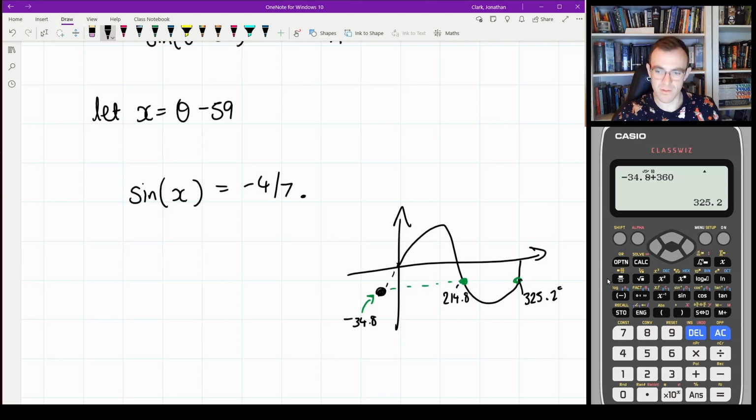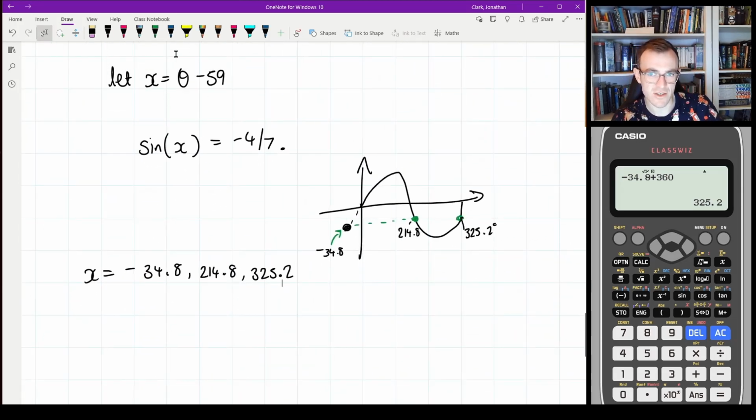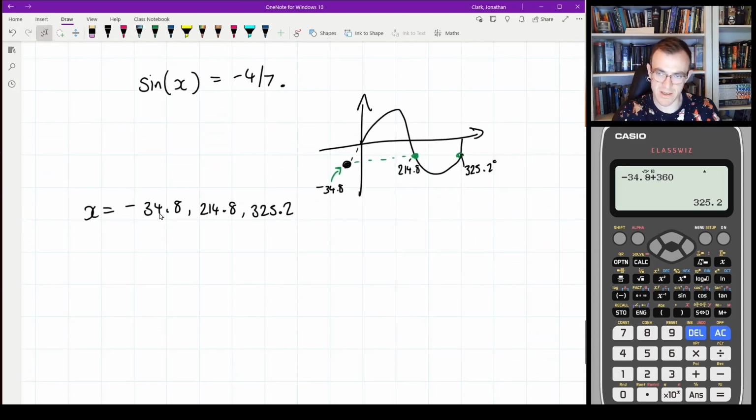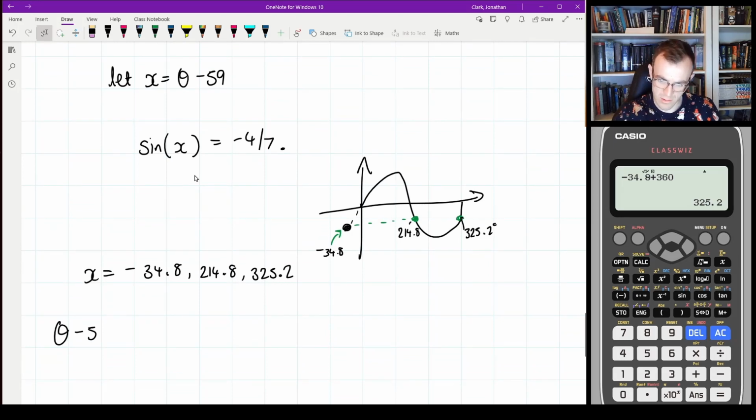Okay, so these are x values. Remember we've changed the original expression, haven't we? This isn't theta, so we should probably change it back. So it's theta minus 59. I'm feeling lazy, so we're going to do all these in one go.